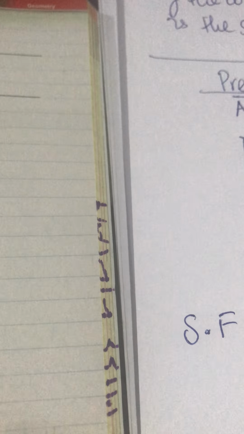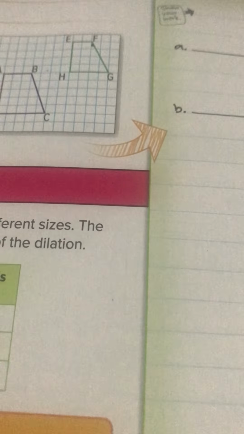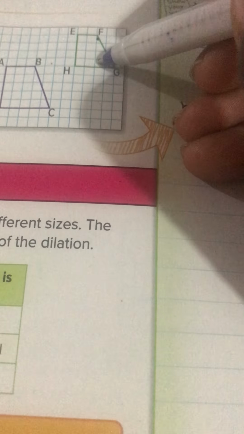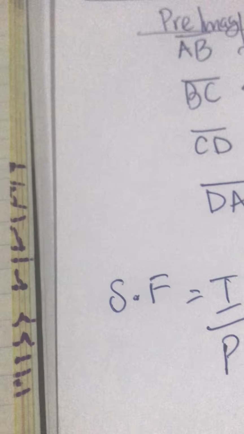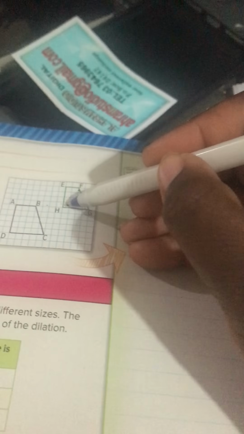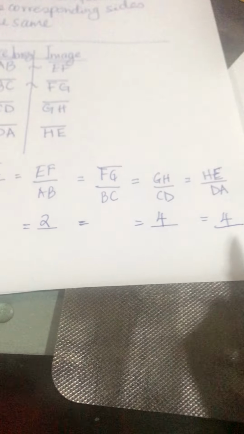EF is 2 units. FG is diagonal, I'm going to avoid it. GH, 1, 2, 3, 4 units. HE, 1, 2, 3, 4. 4 units. Okay?